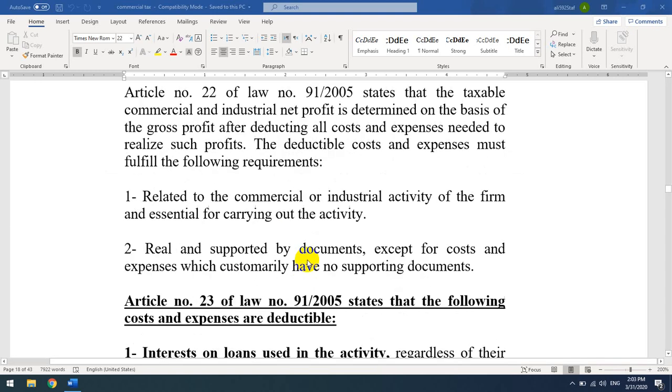Last time we talked about expenses, or costs and expenses, that are deductible and mentioned by the tax law.